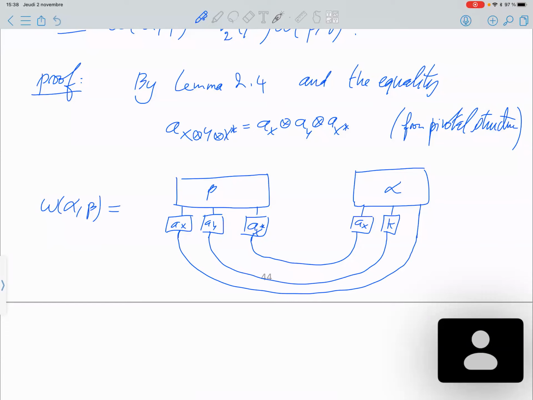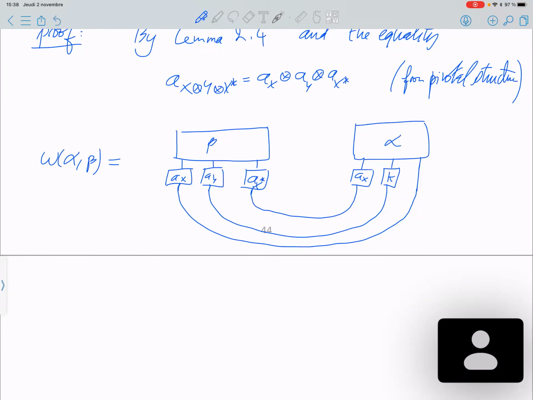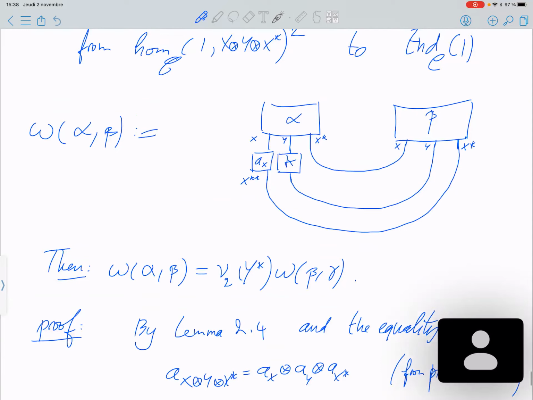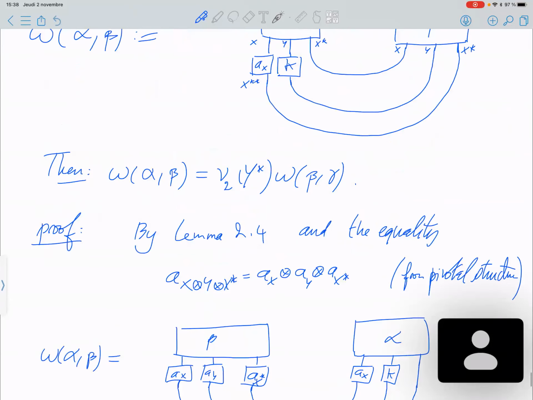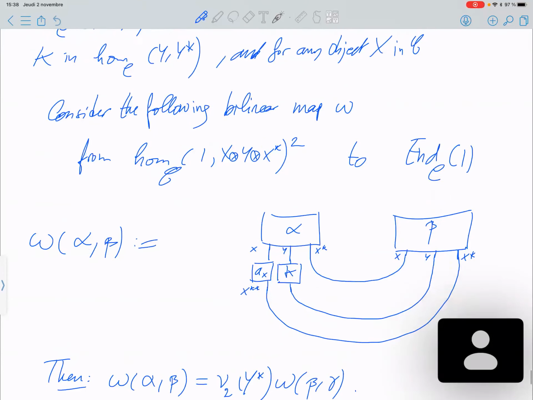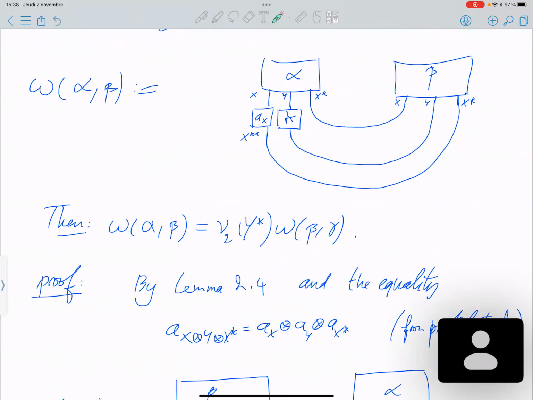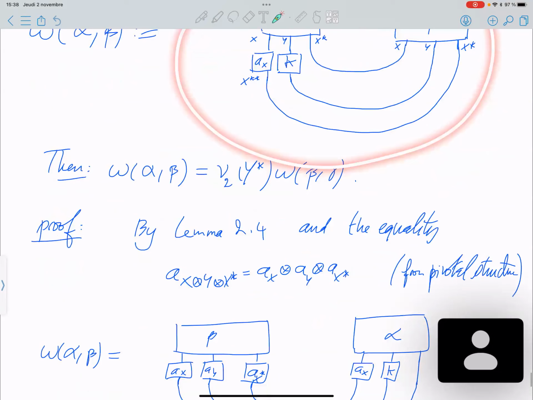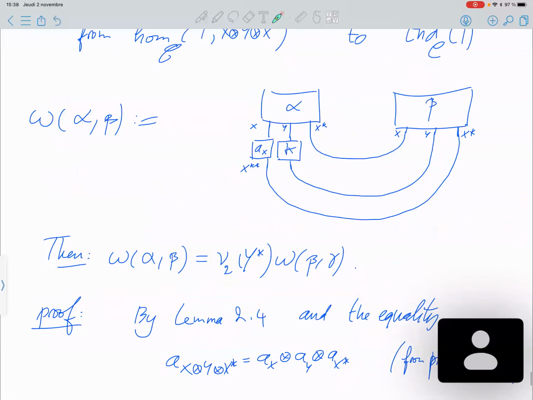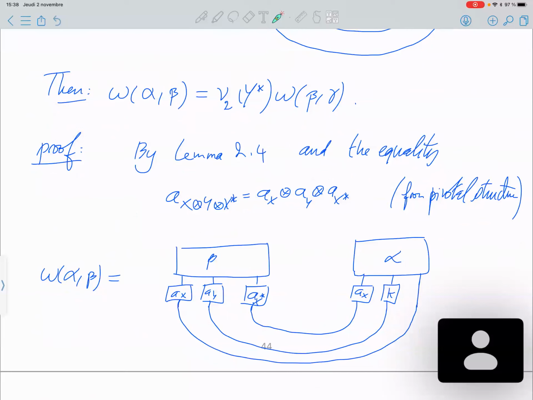There is nothing else. Now what do we want? We want to recover this shape here. In particular, we want to delete some pivotal structure. There is too much pivotal structure here.